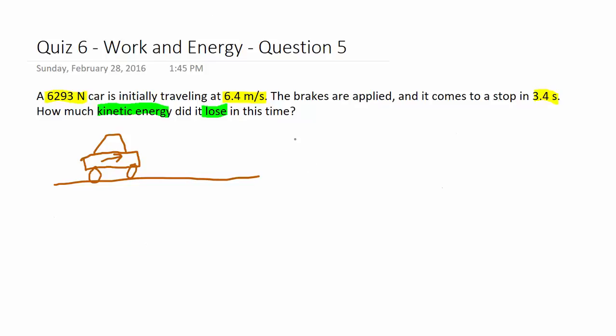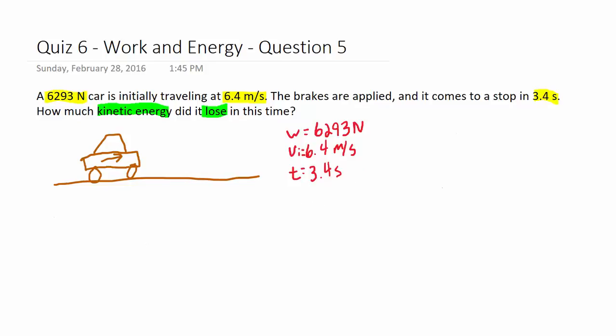We know that the weight of the car is 6,293 newtons. We know that the initial velocity is 6.4 meters per second. And we know that the time, or the change in time, is 3.4 seconds.